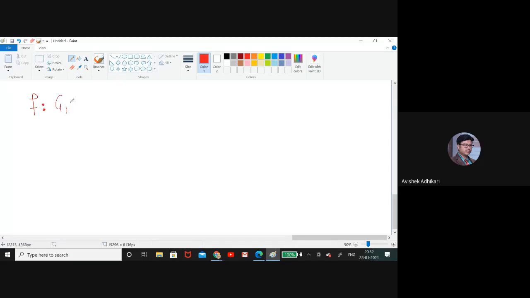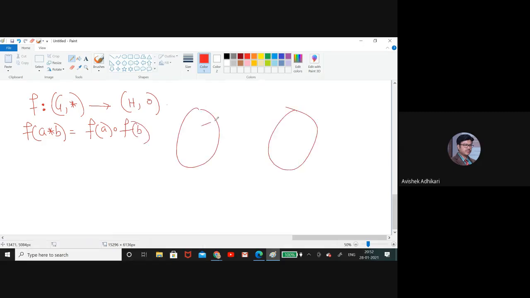Say, for example, suppose G is a group with respect to star, and H is another group with respect to, say, composition. When I call f a homomorphism, a star b must be equal to f(a) composition f(b). So if I write it like this, this is my f, this is my G, this is my H.